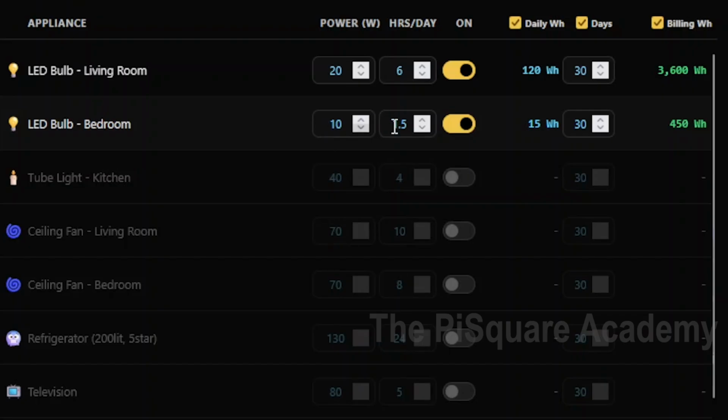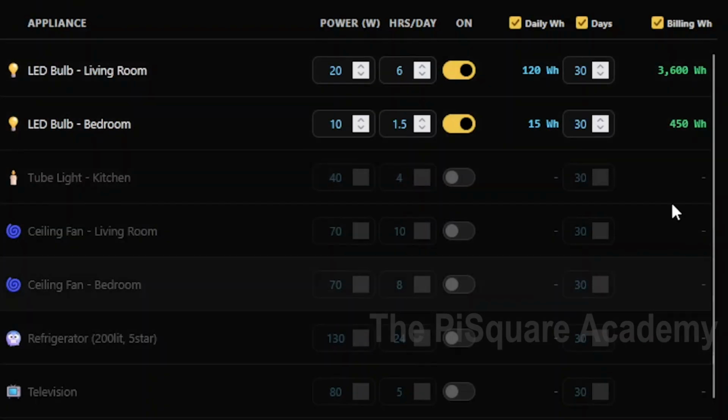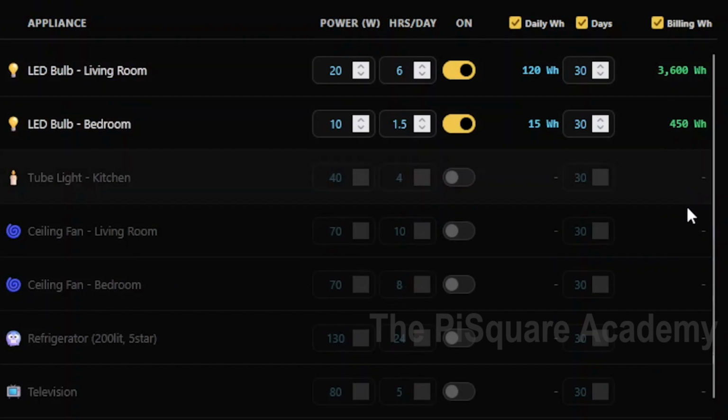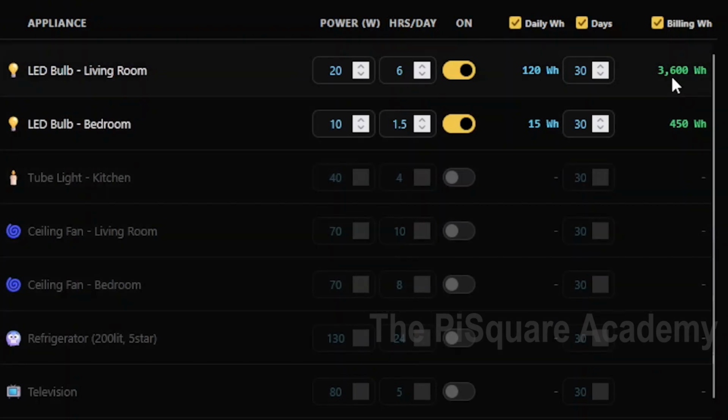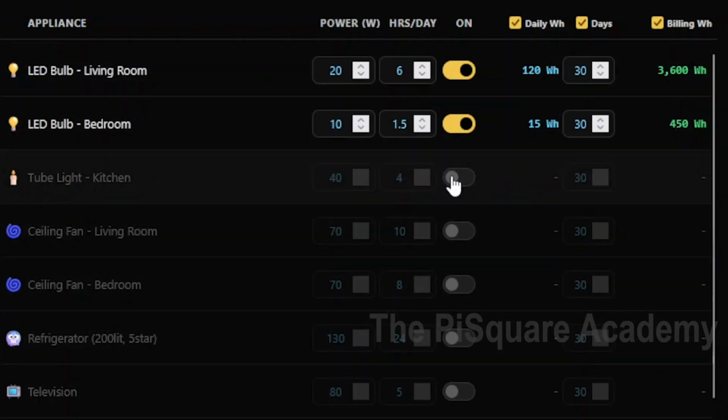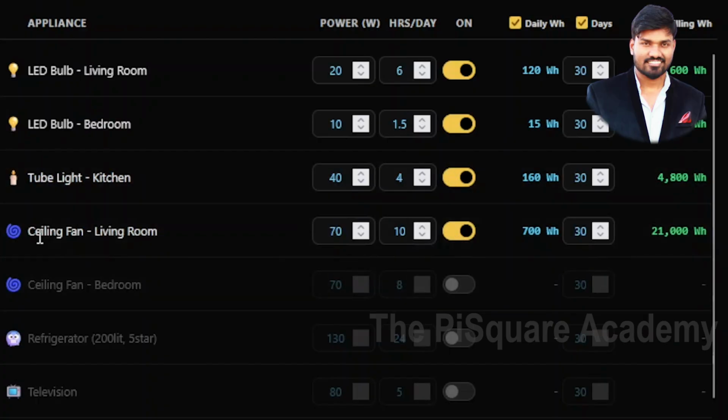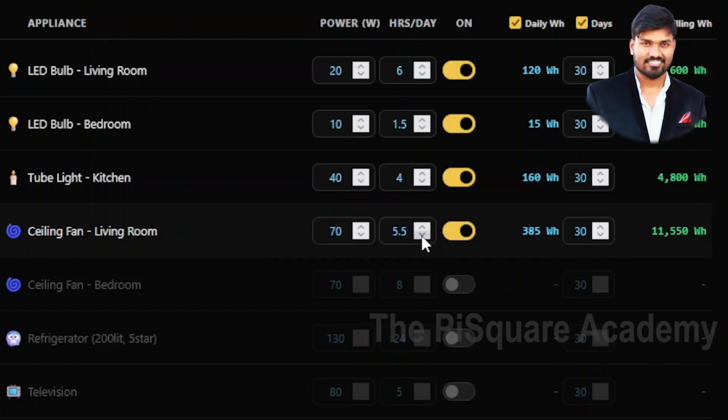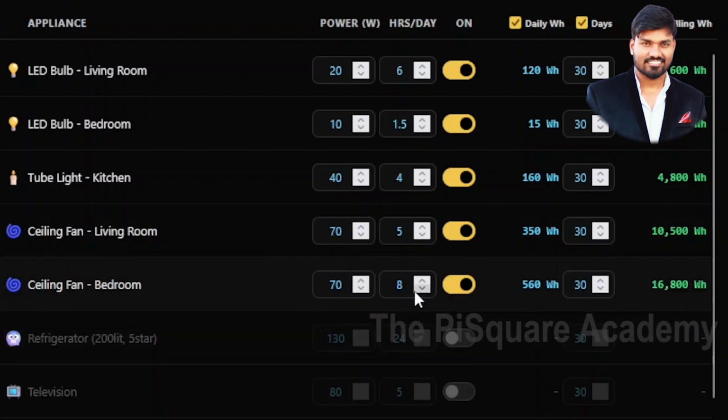You multiply these two, you will get watt hour, and multiply that with 30 days, you will get the value per month: how much electrical energy is consumed for 30 days. In the same way, tube light and living room fan. Suppose the living room fan will only work for 5 hours in a day, and the bedroom fan will work for 10 hours.